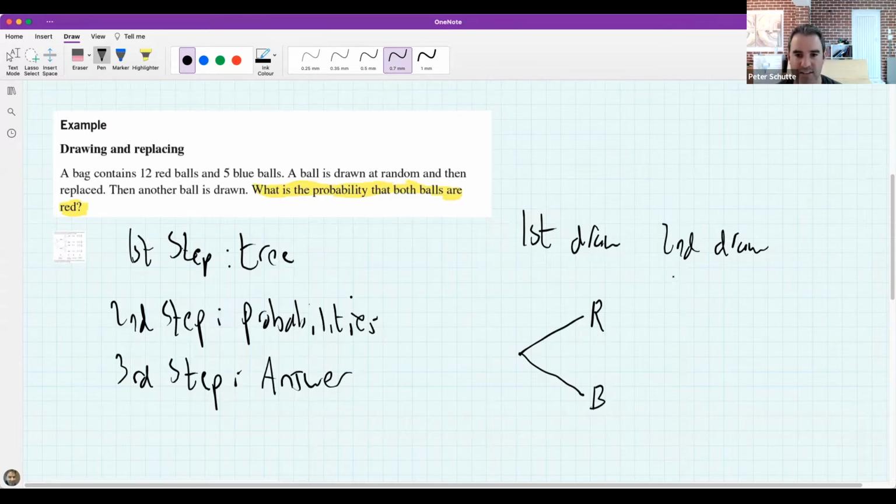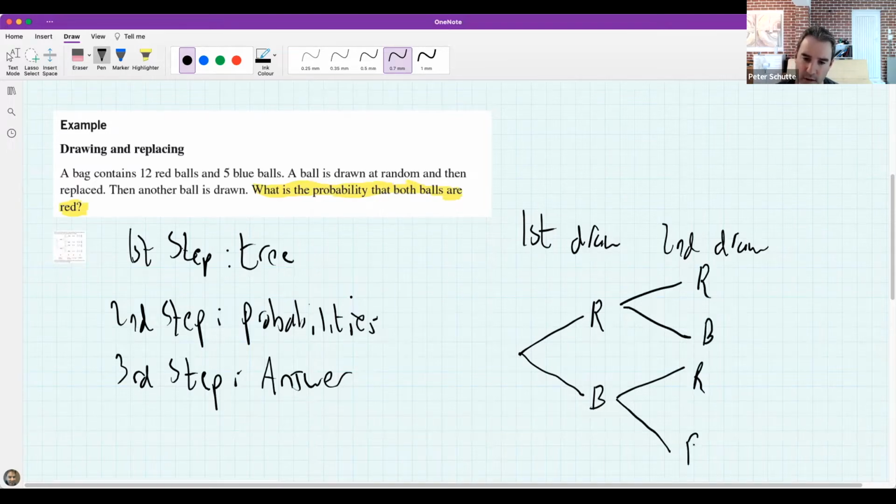But because there's a second draw, your tree diagram has to be extended again. I'm only drawing 2 options because there's only 2 different colors. So there would be red, blue, red, blue. If there was a third draw, it would start to get more complicated and we'd split the tree again.